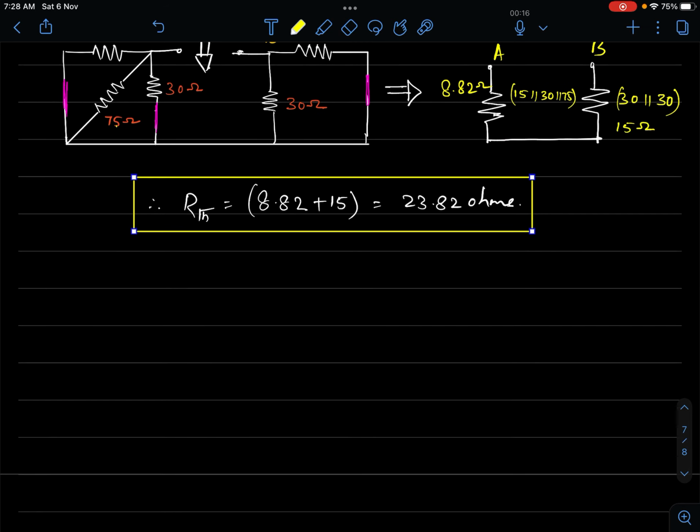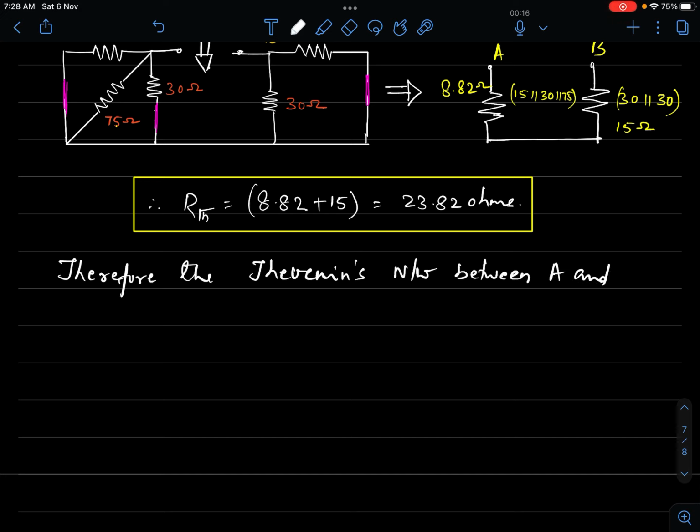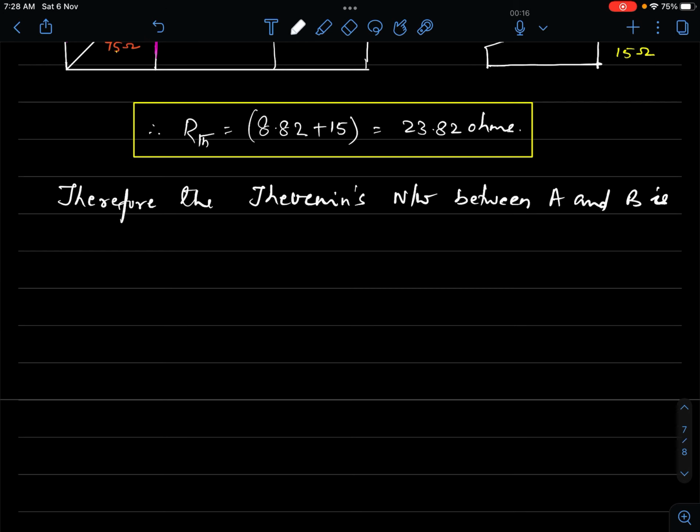So how does the Thevenin's network look now? Therefore, the Thevenin's network between A and B: how do we write the Thevenin's equivalent network? It is a simple voltage source.